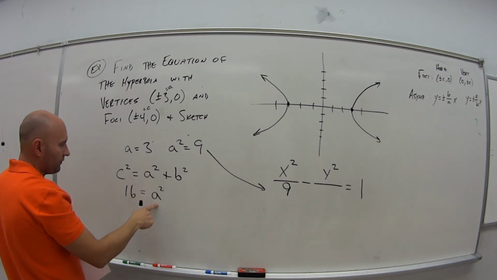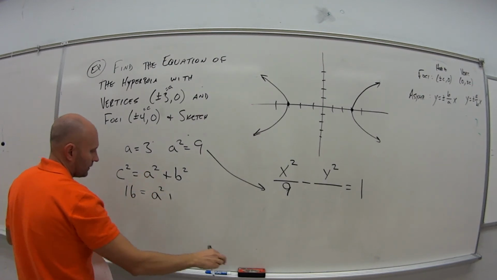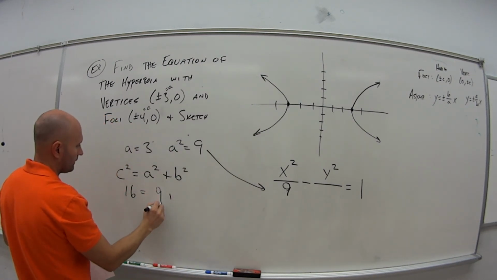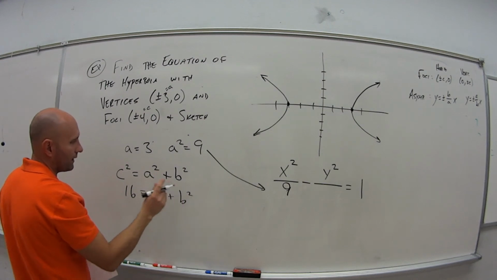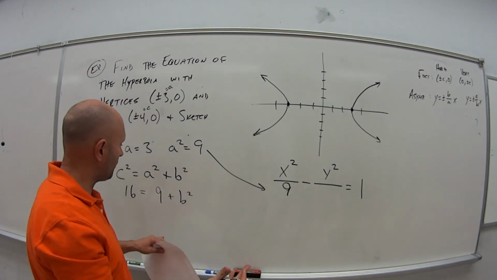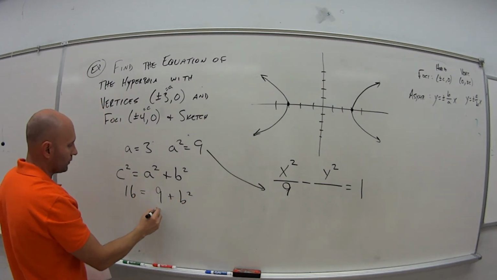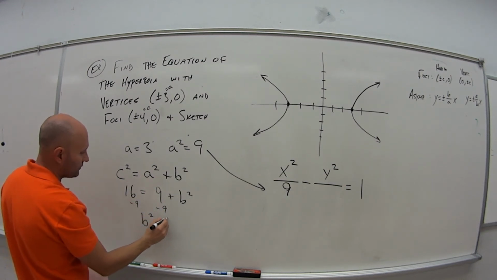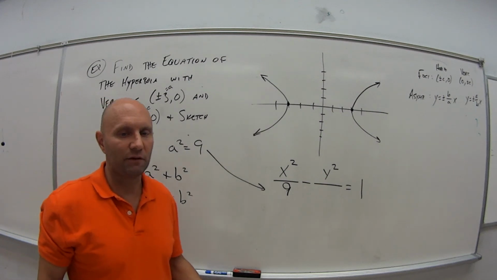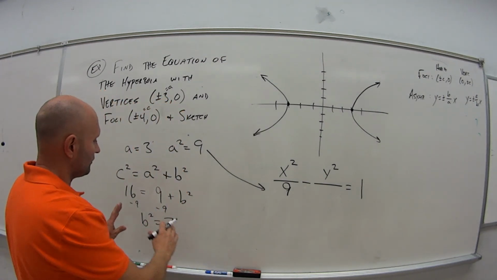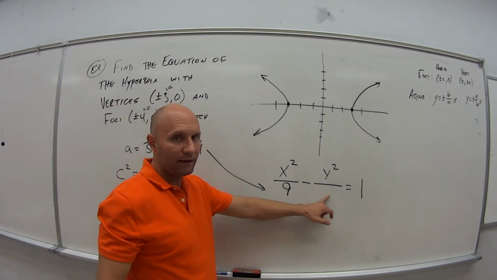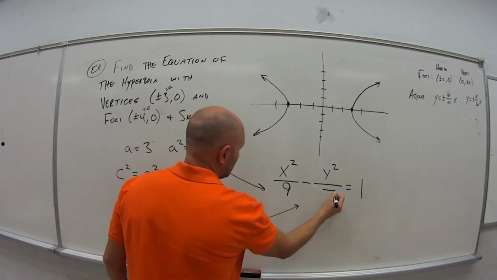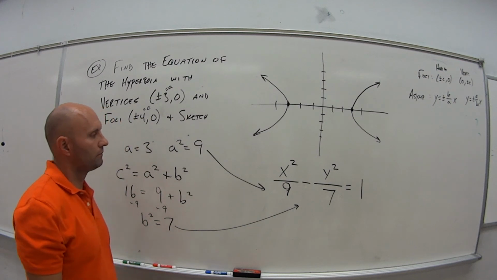This equals a squared, which is 9, plus b squared, the value we're trying to figure out. To get b squared, I just subtract 9 from both sides, so b squared is equal to 7. I don't need to take the square root because what I want here is b squared, so I'll put that value under here.